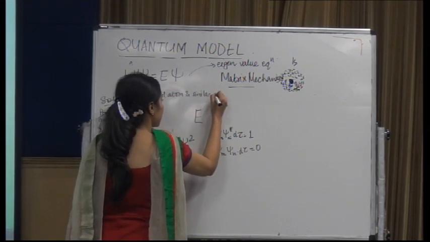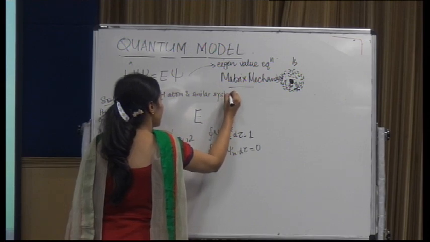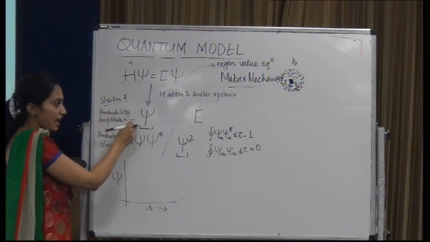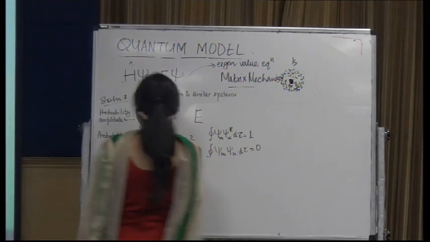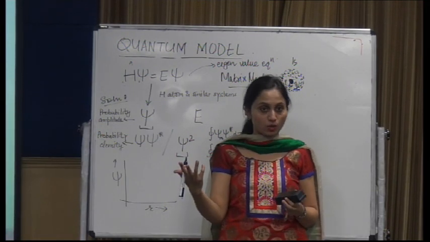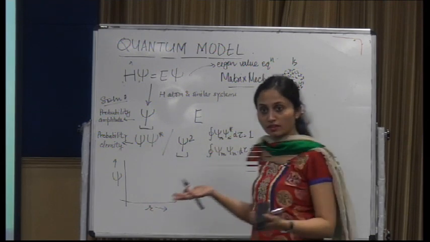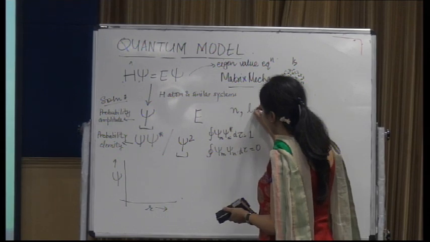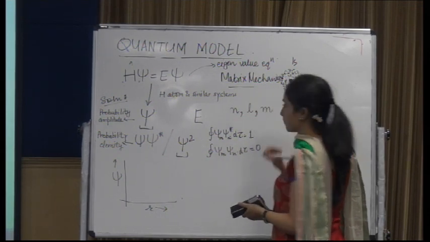Similar systems matlab single electronic systems. So when you solve them, you get psi, E, and there is also generation of 3 quantum numbers. Now help me to recall what are those quantum numbers? N, L and M. Alright.